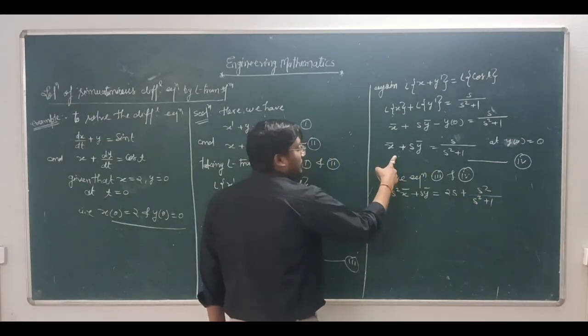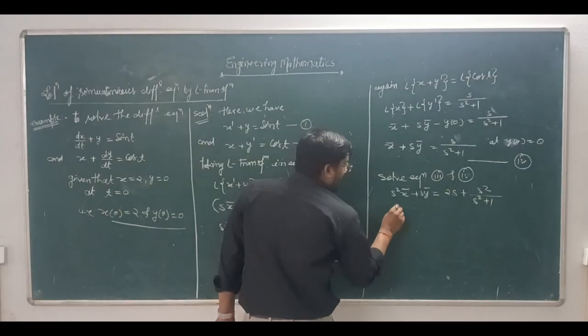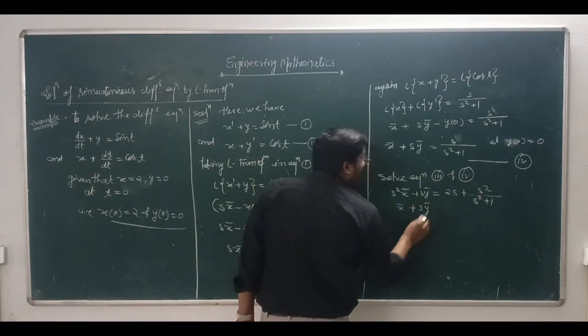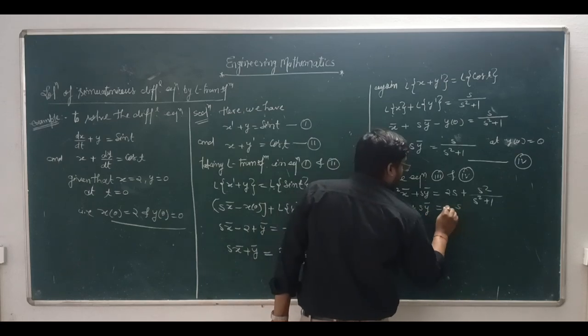Equation 4th: x bar plus s y bar is equal to s upon s square plus 1.